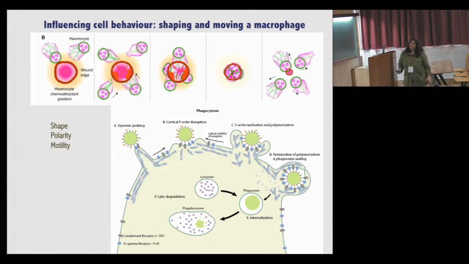And once they've done what they need to do to the wound and the wound resolves, you will see that they will withdraw themselves from the wound and take their own paths back, right? So you could say, how do you shape a macrophage? How do you move a macrophage? How do you polarize a macrophage?